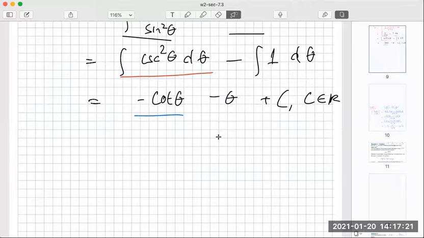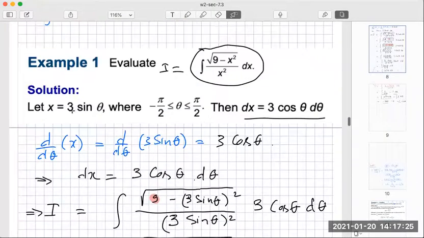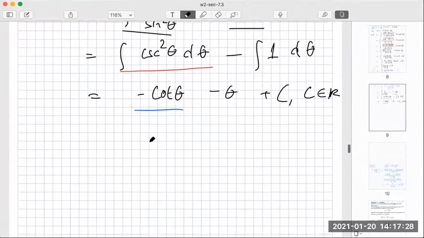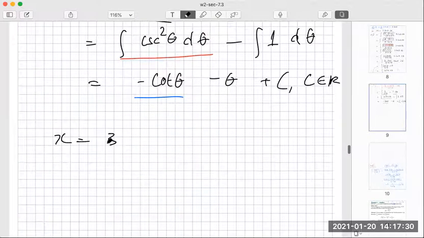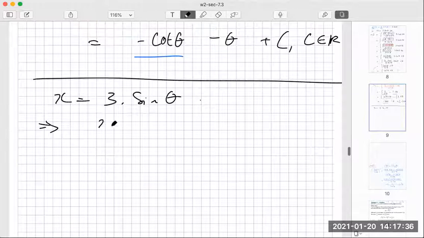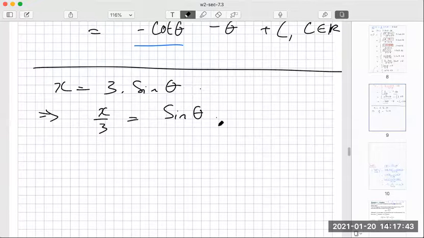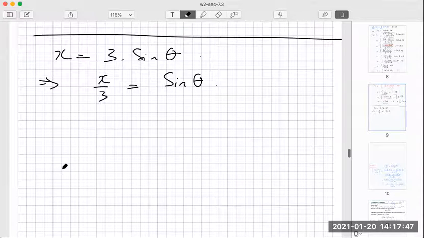Remember, we defined at the very beginning X is 3 times sine theta. This implies that X over 3 will be sine theta, right? Yes, very good. How about we draw a triangle, a special triangle.